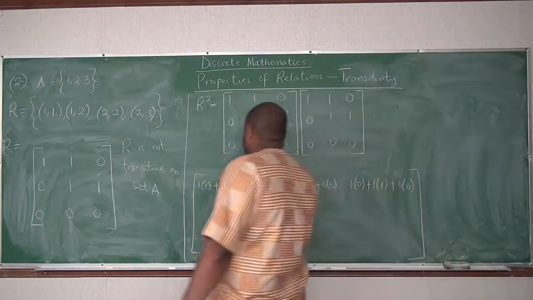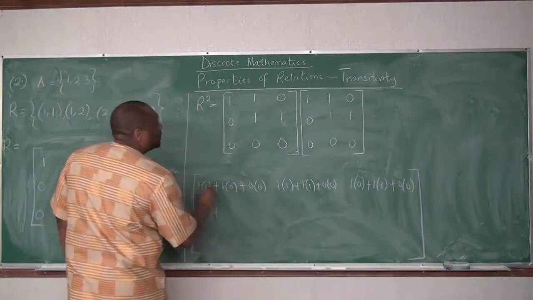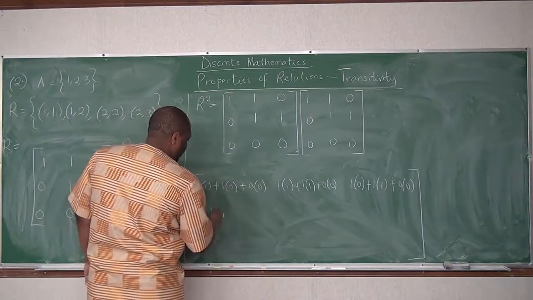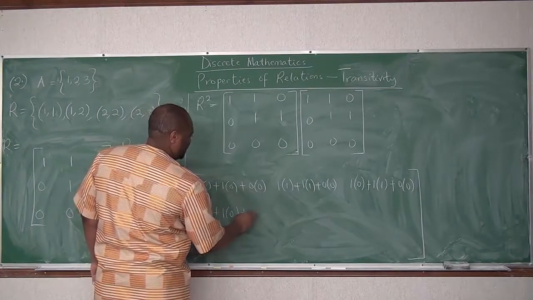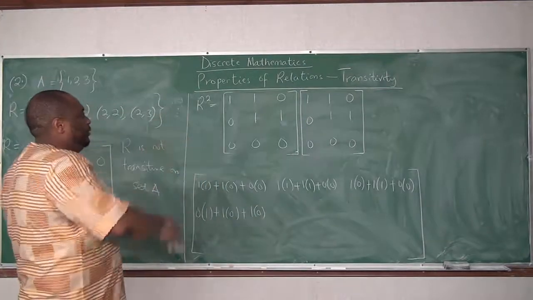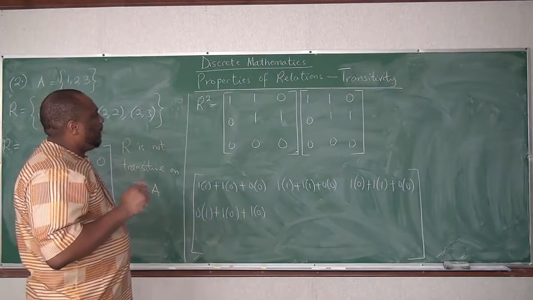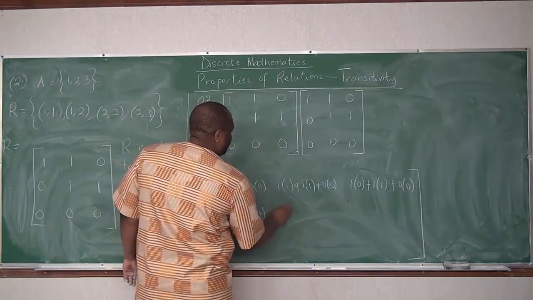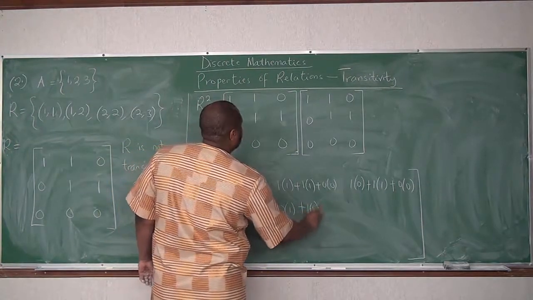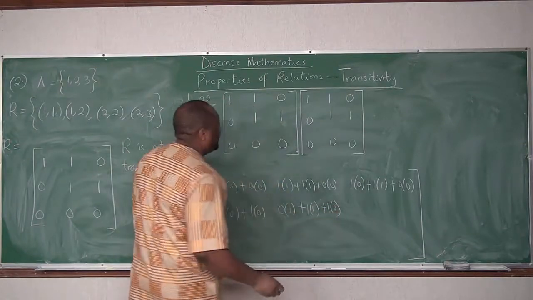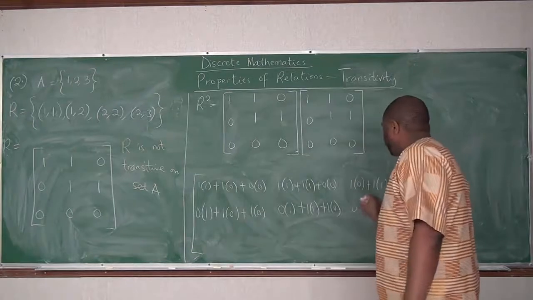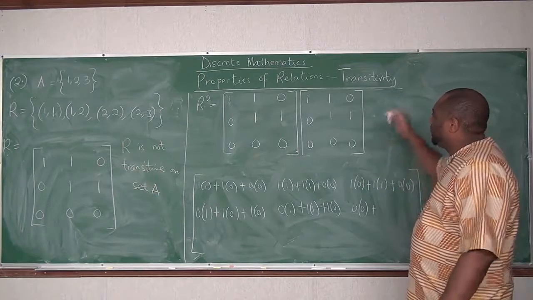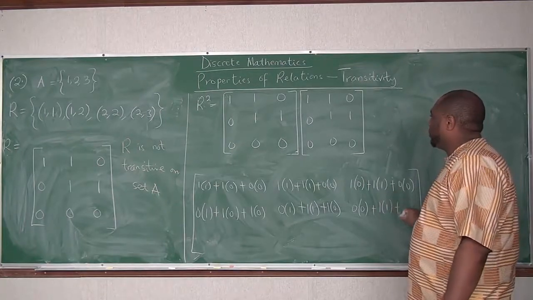Row 2, you have 0 times 1 plus 0 times 1 plus 1 times 0 plus 1 times 0. You break, row by column. Then 0 times 1 plus 1 times 1 plus 1 times 0. You break. Then 0 times 0 plus 1 times 1 plus 1 times 0.